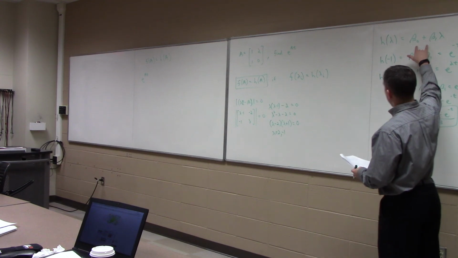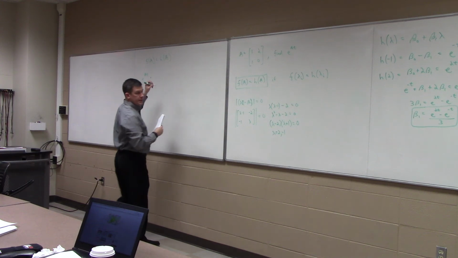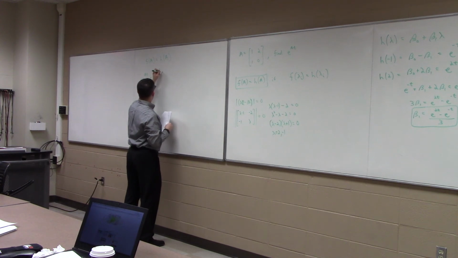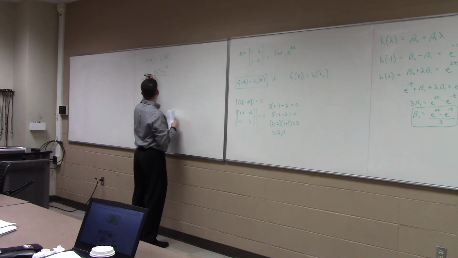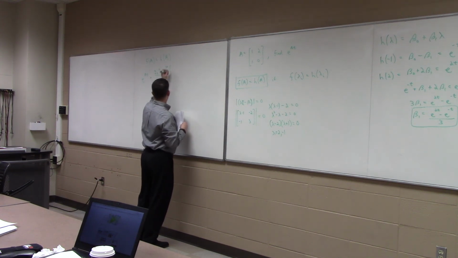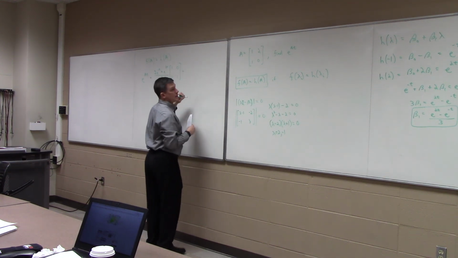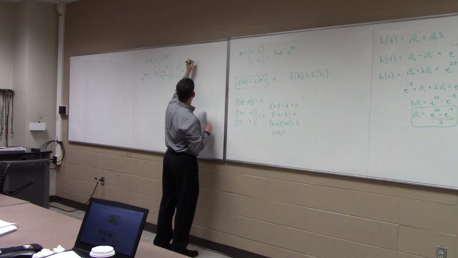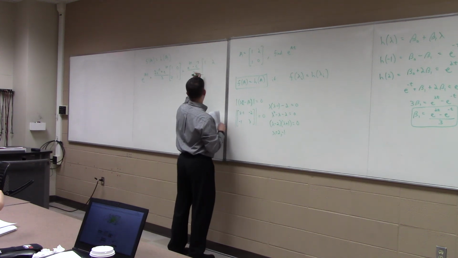And so it's equal to beta 0, which is (2 plus 2t) all over 3, plus beta 1, which is e to the 2t, times A, which is 1, 2, 1, 0.